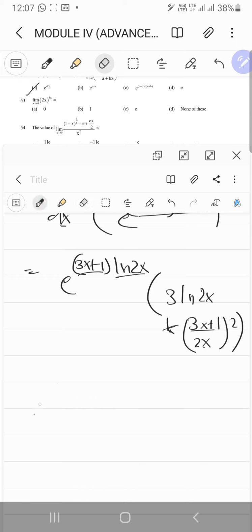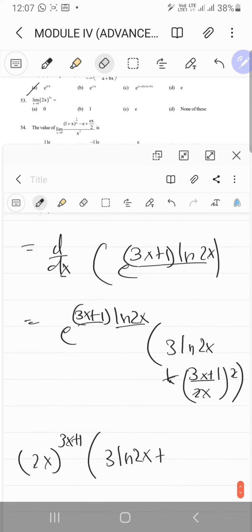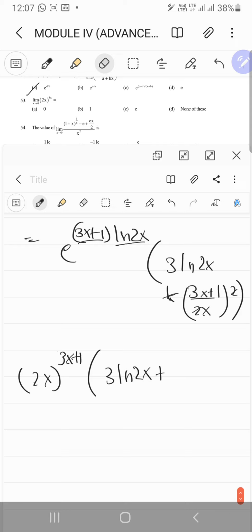So this is just 2x raised to the 3x plus 1 times 3 natural log 2x plus, now this thing I'm going to write as, okay, this 2 cancels, right? That's weird. Okay, whatever. So we just get 3 plus 1 upon x, right?